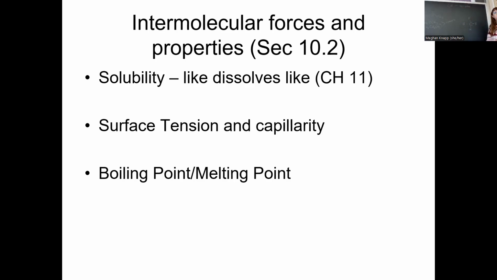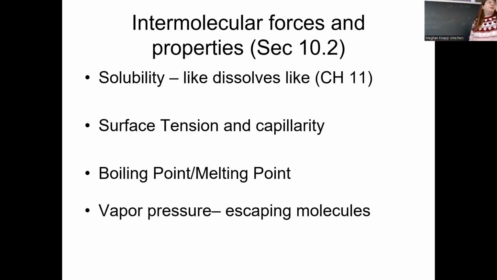Wax has a very low melting point. You probably don't even need to get it above the boiling point of water. You just put it in hot water and wax will start to melt. But for sodium chloride, even if I put it in a dish on a Bunsen burner and have a flame going at it, I'm not going to melt it. So very different melting points.